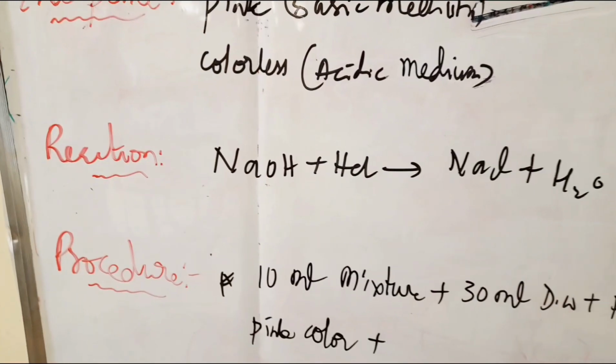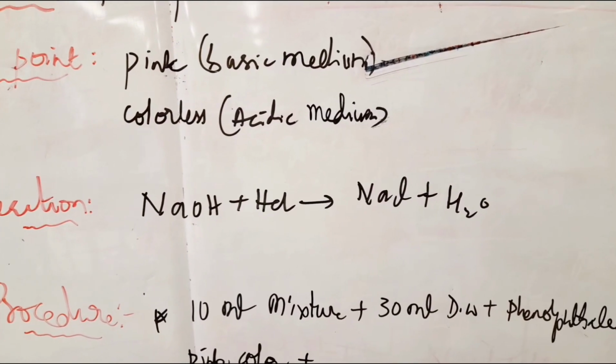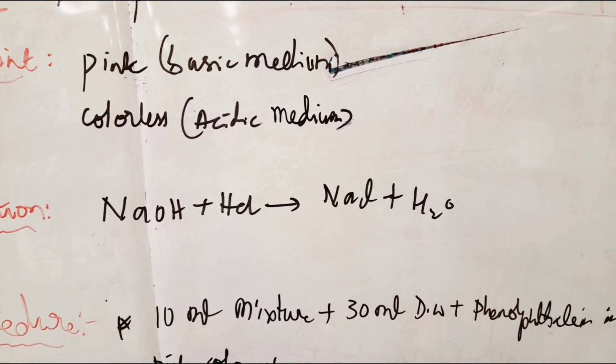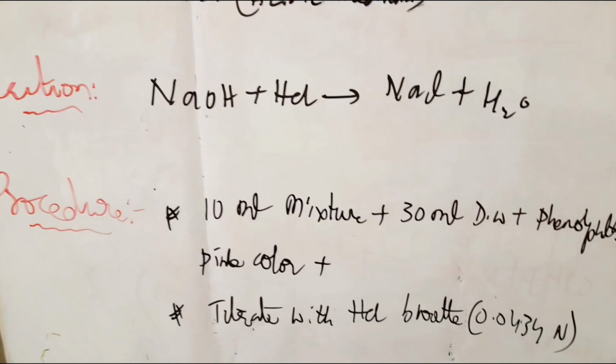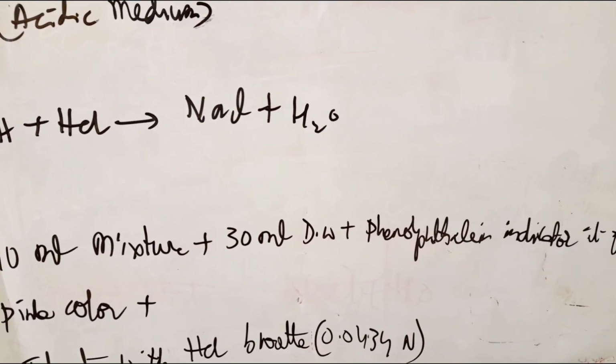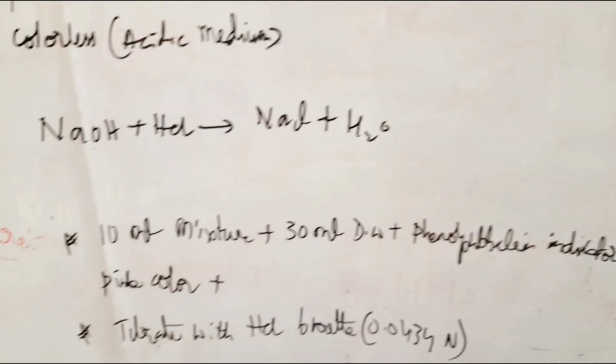Coming to the procedure, the reaction here is sodium hydroxide reacts with hydrochloric acid to form sodium chloride salt and water. Procedure: 10 ml of mixture is taken plus 30 ml of distilled water is added. Then phenolphthalein indicator is added. It forms pink color.